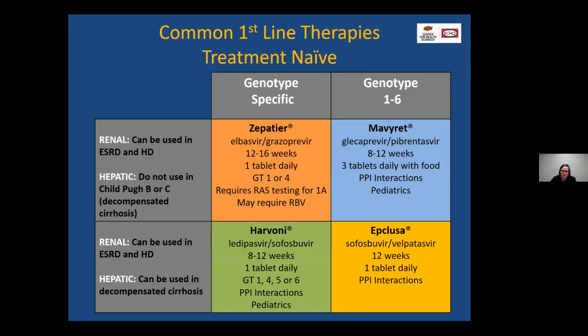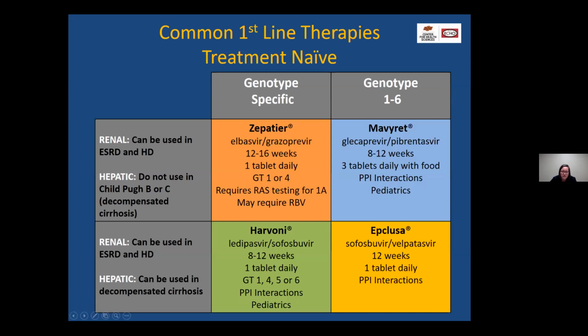The box below that, the green box, is Harvoni, and it's 8 to 12 weeks, again, 1 tablet daily, genotypes 1, 4, 5, or 6. Some considerations are that there are interactions with proton pump inhibitors, and I find that a lot of patients are on a proton pump inhibitor.